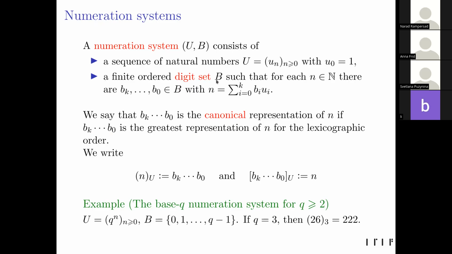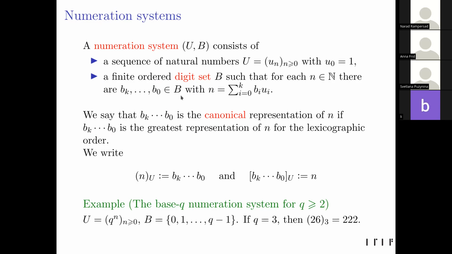The digit set is large enough such that for any integer n, we have a sequence of digits b_k up to b_0 in B such that n is equal to the summation of the b_i u_i. This gives us what is called a representation or an expansion of the number n.